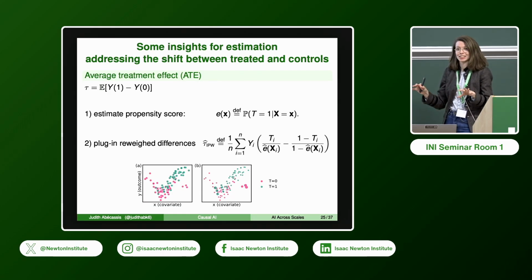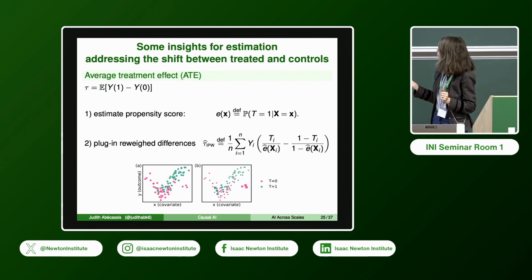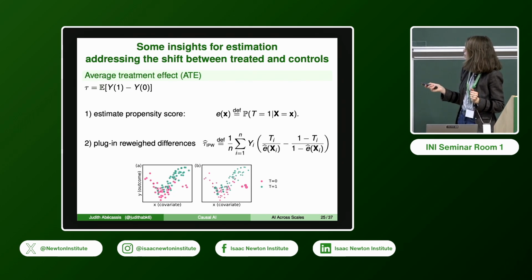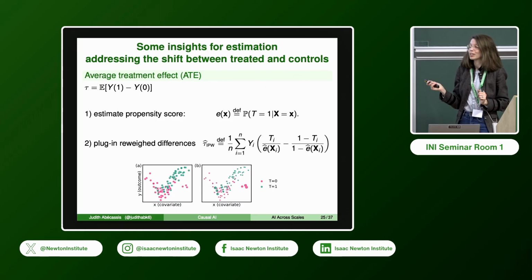That's why we assume that every unit across the covariate space can get the treatment. Here in this graph, you see that you have only units that are in the control group, so there might be a slight violation of this.